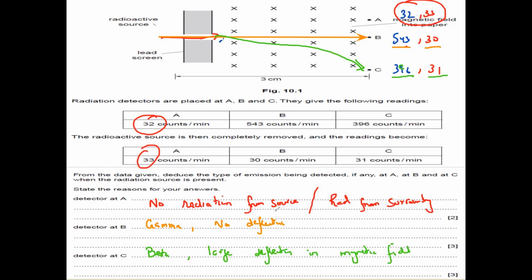Here with source it was 396, without source 31. At B with source 543, without source 30. Because the numbers are changing, that's why we say that these radiations are coming from the source. But for A, why are we not saying that the radiations are coming from the source? Because with or without source, the counts remain unchanged. Is it clear? Okay.